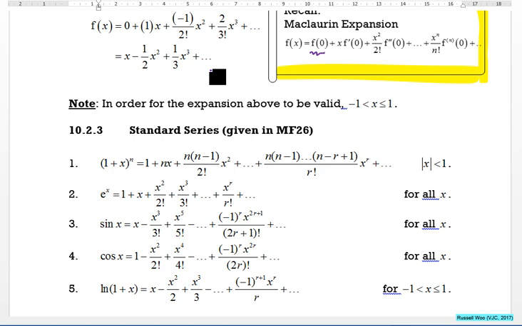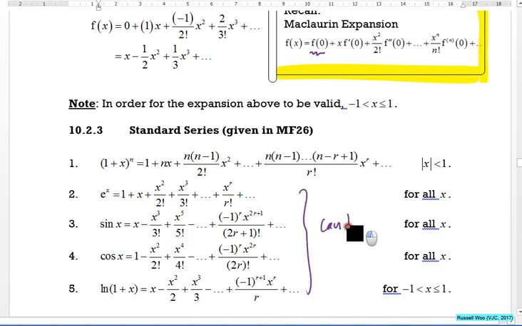So whenever they ask for e^x, you actually don't need to differentiate. This can be used without proof. All these can be used, including the first one also.